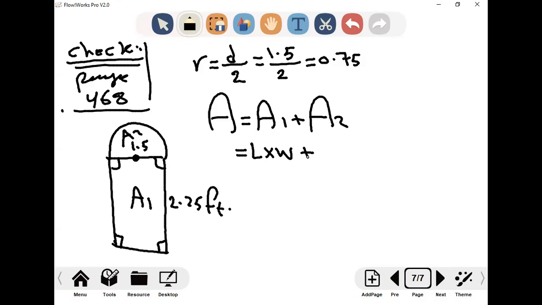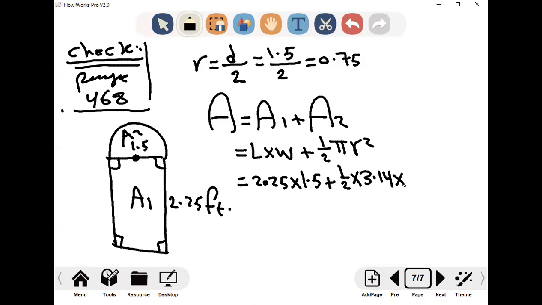Half multiply pi r power 2. Now substitute: the length 2.25 multiply the width, the whole diameter is the width, right? 1.5, plus half multiply pi 3.14 and the radius 0.75 power 2.